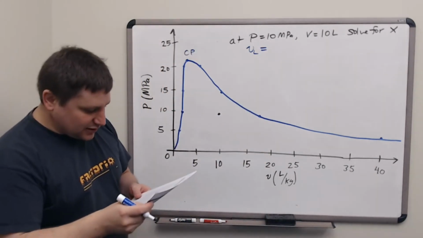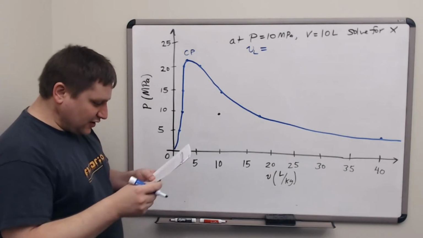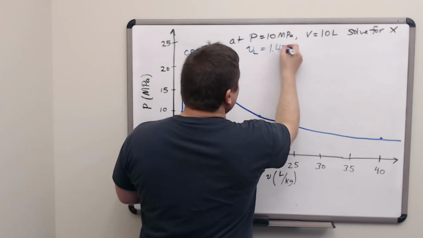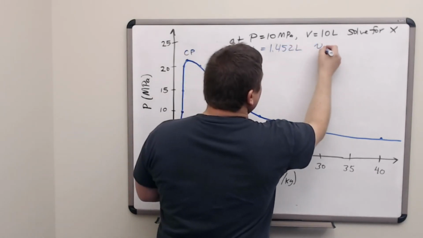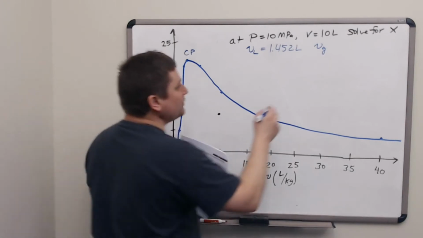Using the table, we see that at 10,000 kilopascals, the volume of the liquid is 1.452, and the volume of the gas is 18.028 liters.